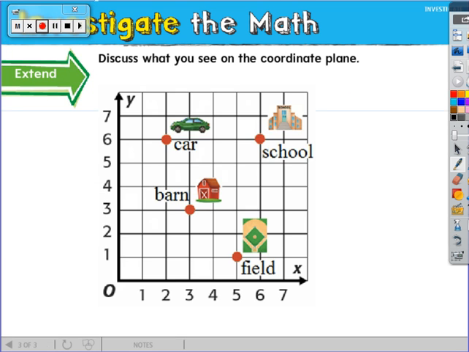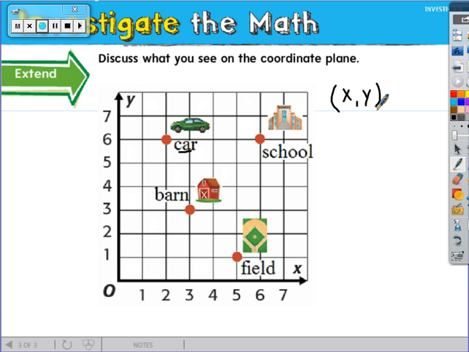Here we go. So now we're going to discuss what we see on the coordinate plane. We're going to start with our first one, the car. We want to locate where the car is. What that means is we're going to find the coordinate pair of x and y that represents the car.